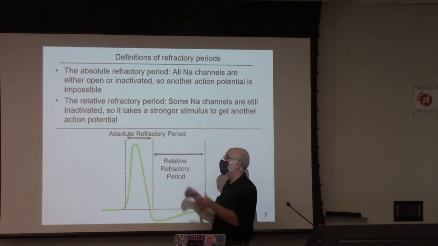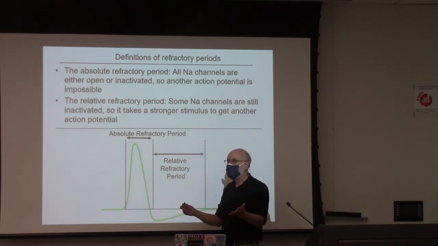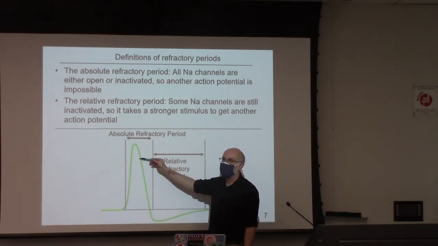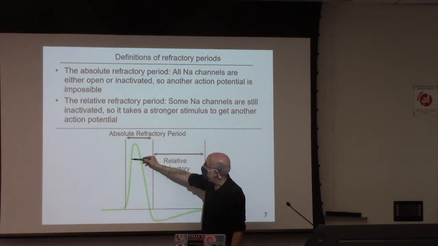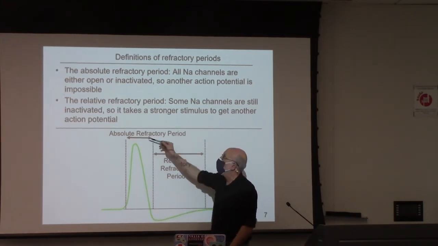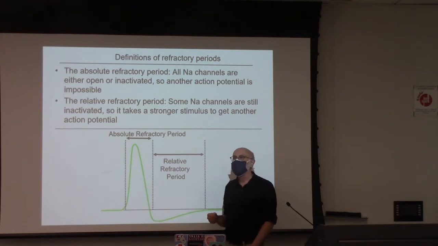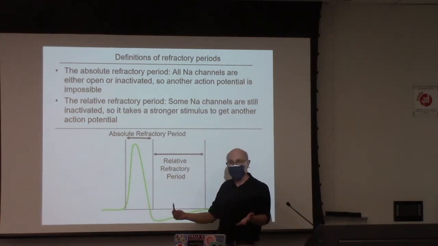Why? Because all of the sodium channels have already been engaged in this action potential. They're either opening, or they're open, or they're inactivated. So during the absolute refractory period, no matter how big a stimulus you give it, it will never fire another action potential. It's already firing an action potential.